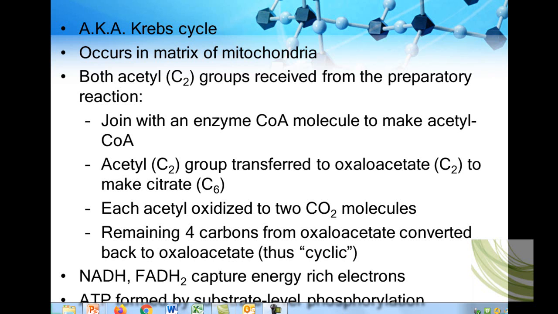Okay? FADH2 is basically the same thing. There's really no difference except it's constructed differently. People often ask me, well, why did it show up? I don't know, a random assortment of molecules. And the only place we see FADH2 is in the Krebs cycle.